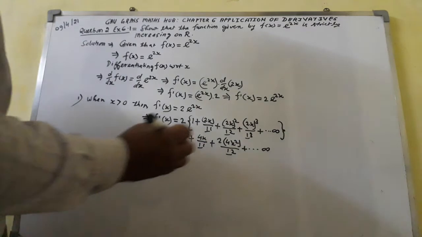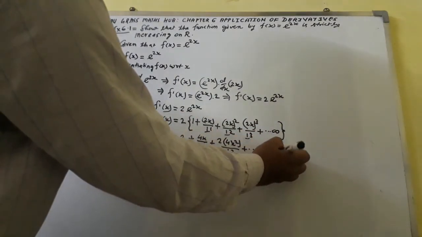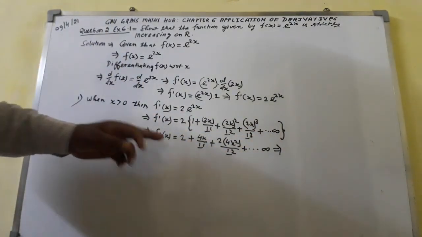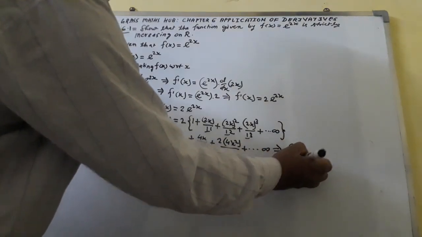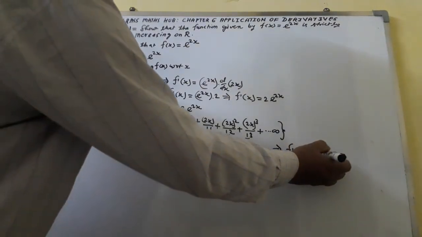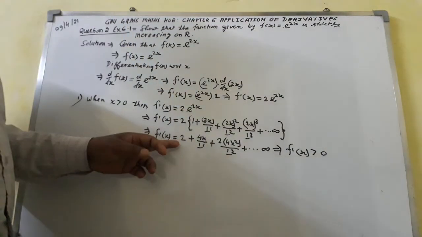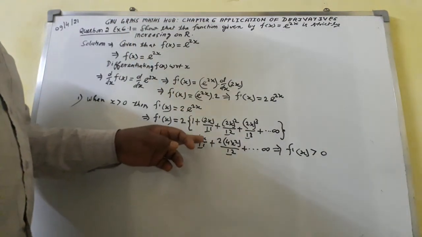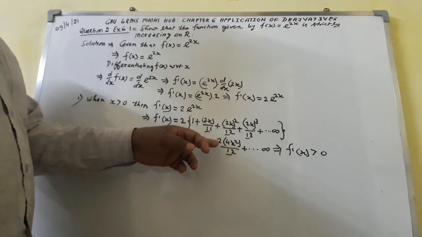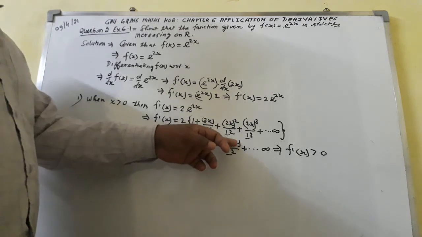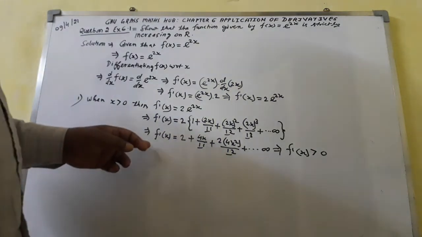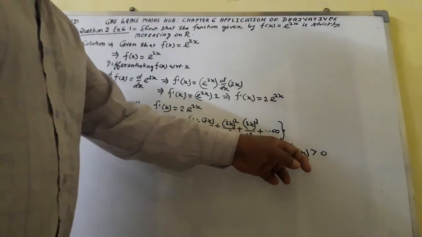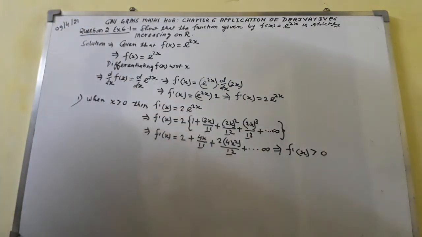So here you can see that f dash x is greater than 0, so in this case f dash of x will be greater than 0.